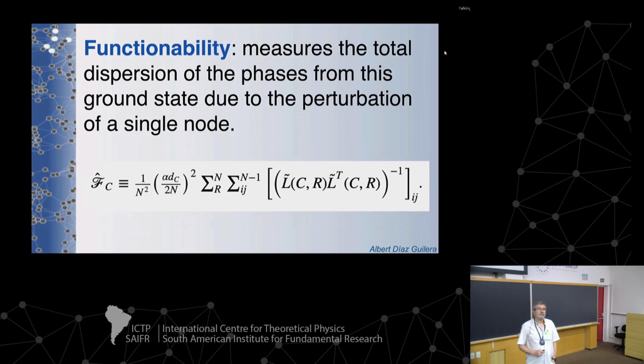So is it possible to do a more refined study of a node, how much a node could promote or inhibit the synchronization, or is this kind of question meaningful? Yeah.